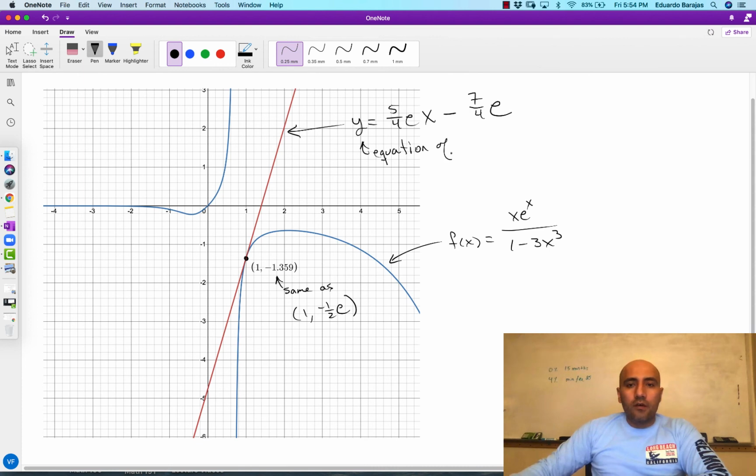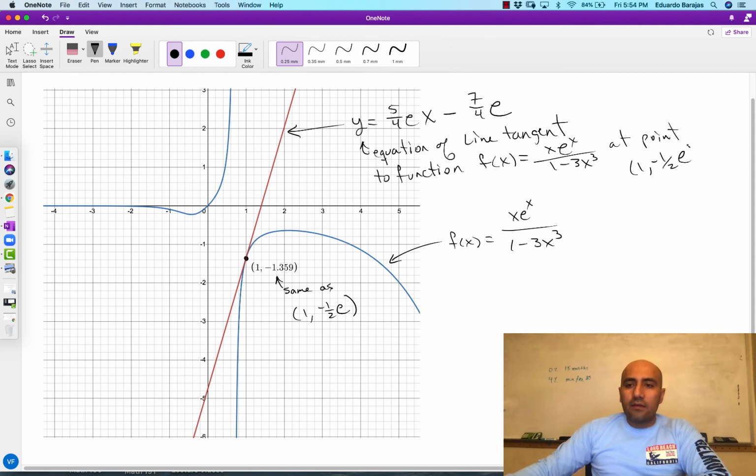Equation of line tangent to function f of x equals x e to the x all over 1 minus 3x cubed at point 1 comma negative 1/2 e. Right, that's the full description of what that red line is.